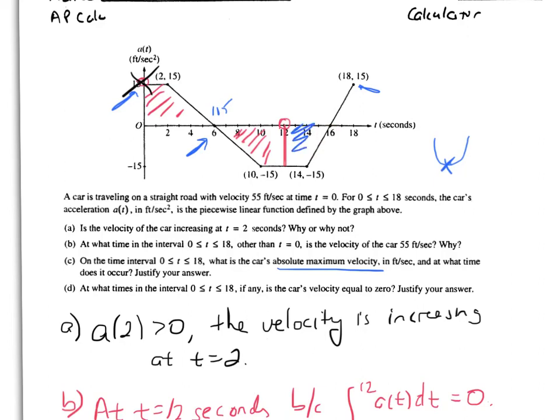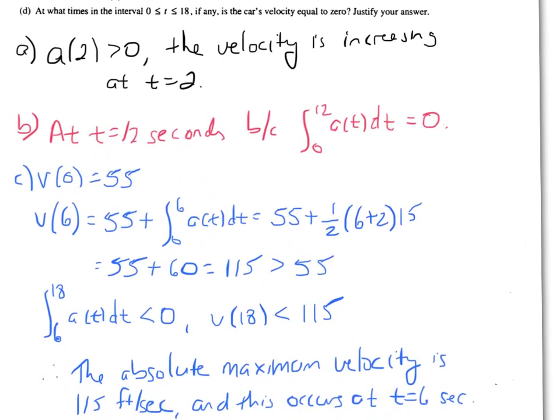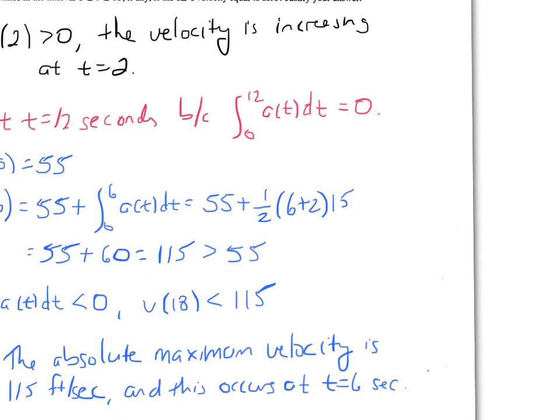Let's find the area right in here. We've got another trapezoid, so it's 1/2 of the sum of the bases, so this would be 4 plus 2, times the height, which is 15. So it's 3 times 15, which is 45. So that means that the velocity at t equals 16 is 55 minus 45, which is 10 feet per second.